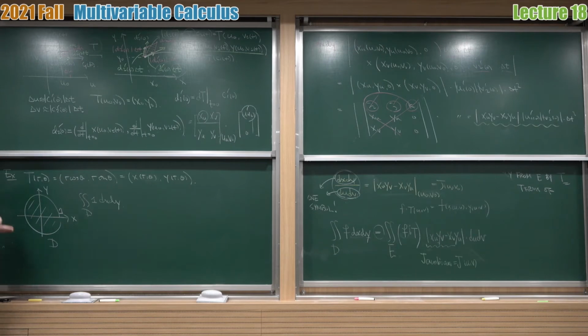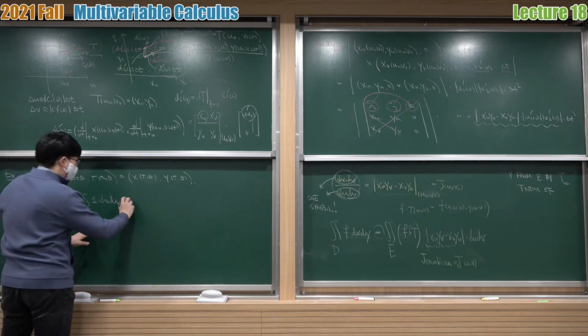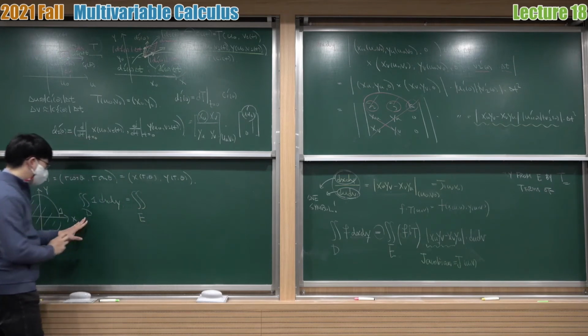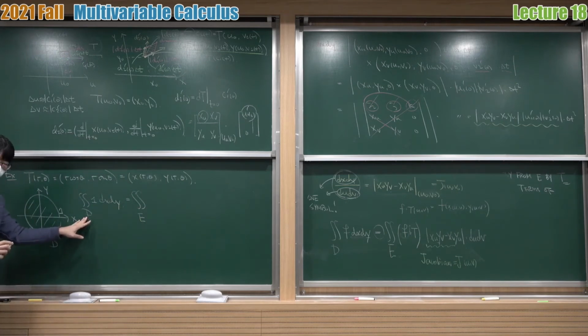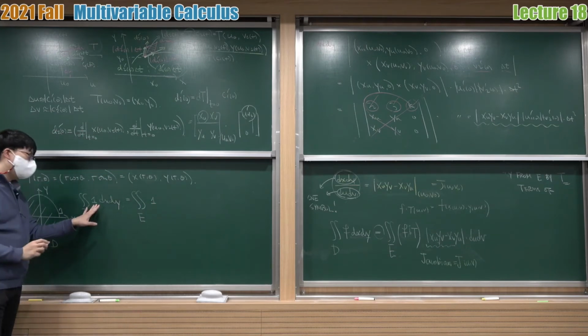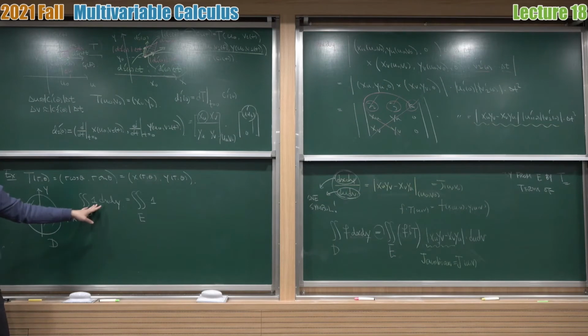There are ways to compute this. There are easy ways using Fubini's theorem, but let's use integration by substitution. So I want to change my domain of integration D to E. And luckily, since we have 1, which is a constant function, even if I take the composition with this transformation, it will be 1.